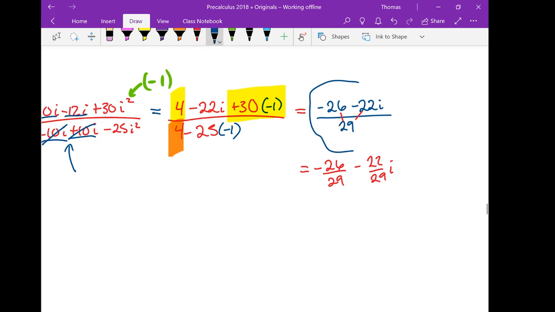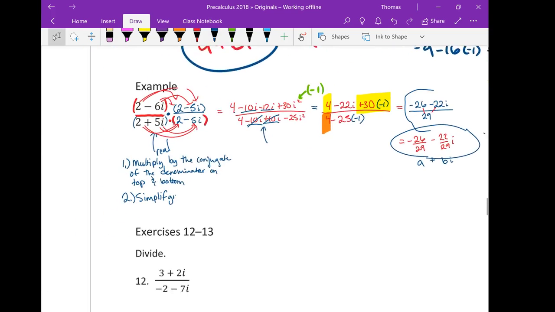Now we have our number in the form a plus bi. And we can do all the other things we'd like to do with complex numbers, like plot them. We could find the modulus of this number. We could find the conjugate. We could find, later on we'll learn about the argument. We'll be able to do all the things we like to do with complex numbers with it in this form.